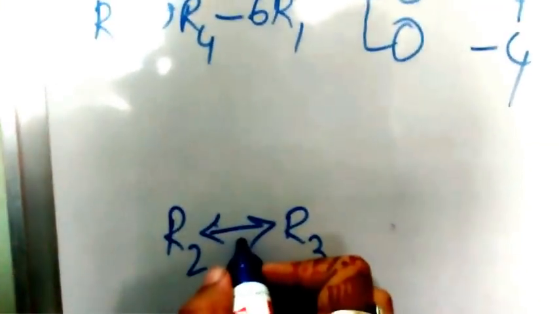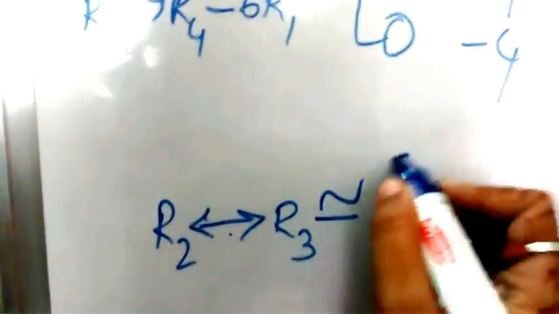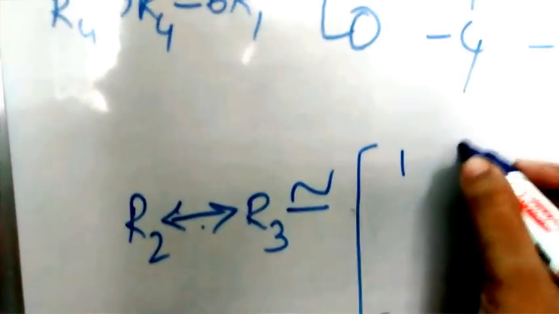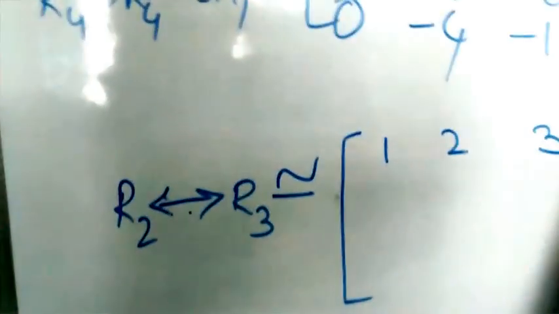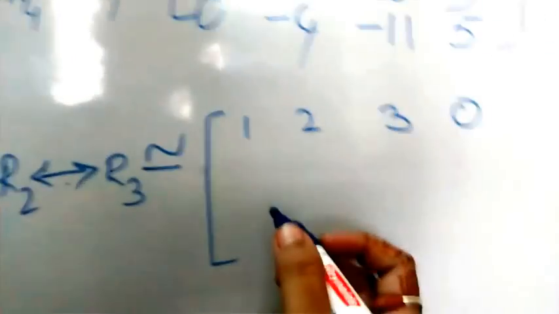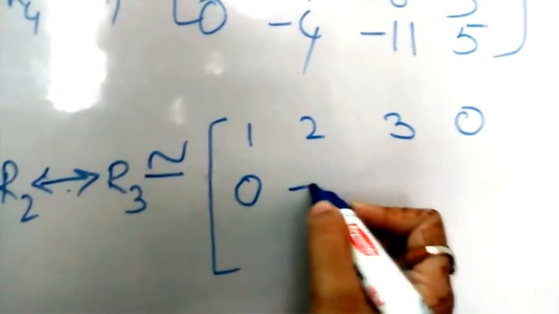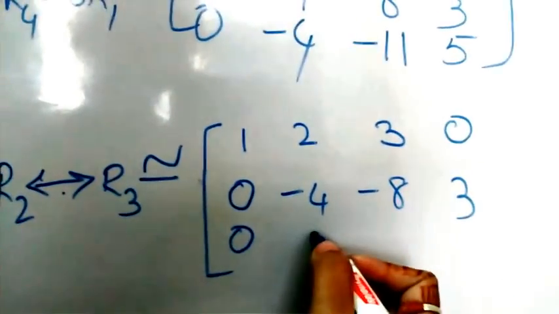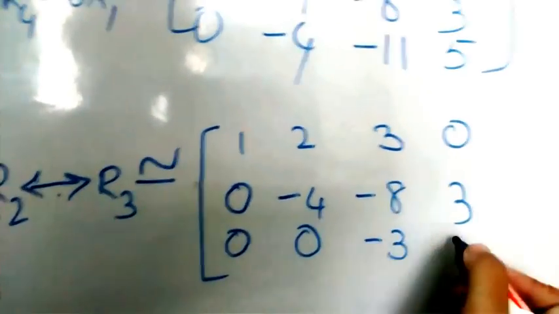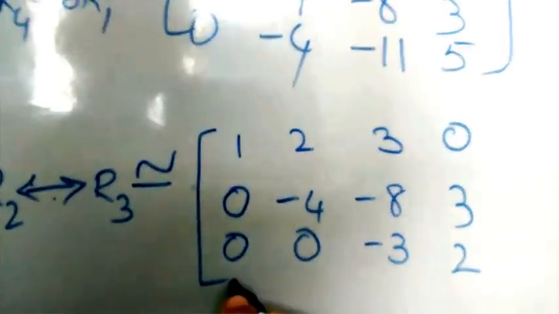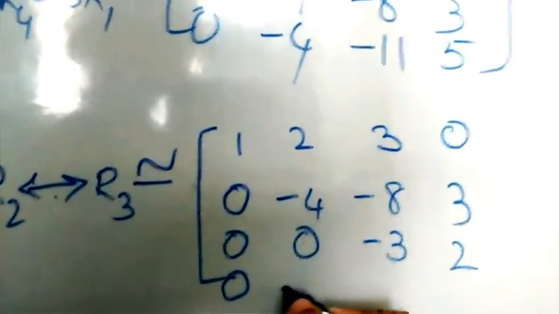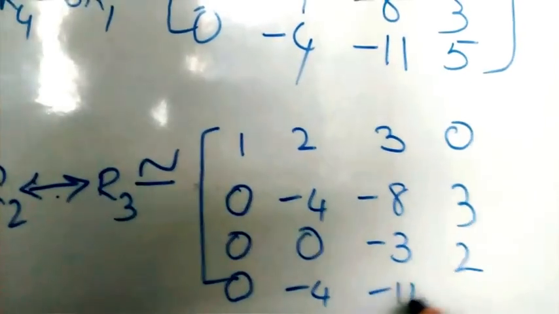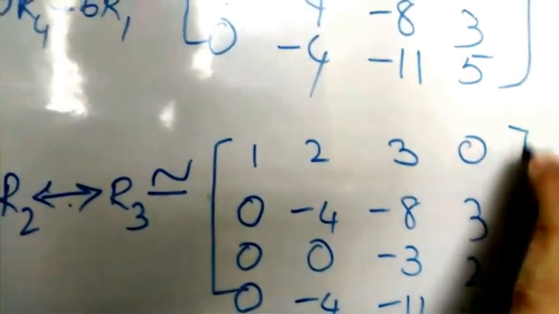This symbol is called interchange. Then 1, 2, 3, 0, then 0, minus 4, minus 8, 3, 0, 0, minus 3, 2, 0, minus 4, minus 11, 5.